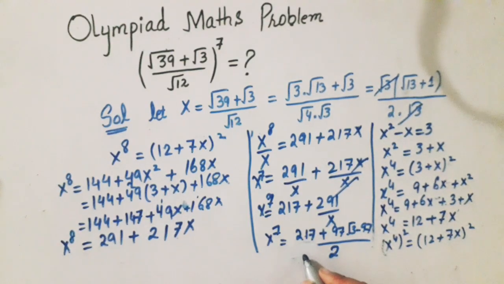So when we multiply this will become 434 plus 97 root 3 minus 97, divided by 2.